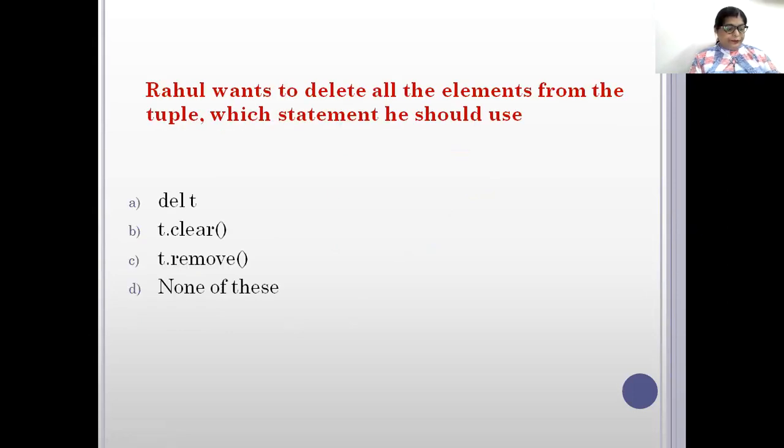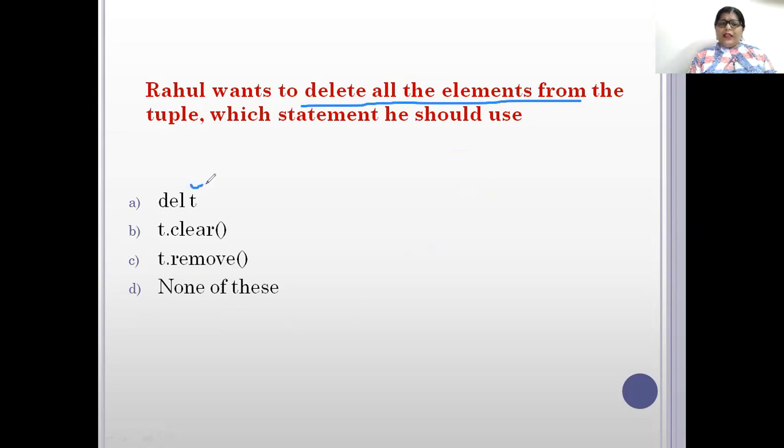Next question. Rahul wants to delete the elements from the tuple. Which statement did he use? He wants to delete all the elements, not just one element. So he wants to remove the tuple.